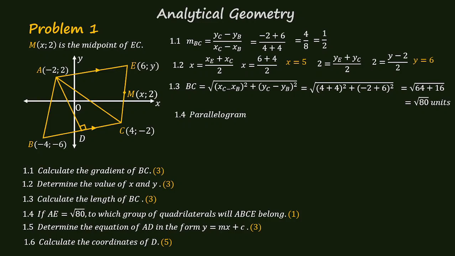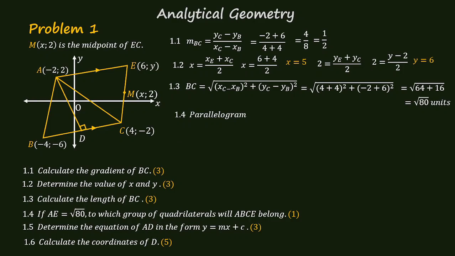The fifth question wants us to determine the equation of the straight line AD in the form y equals to mx plus c. If you look at the straight line AD, we only have one point with coordinates. D is a point, but it doesn't have coordinates. But we have been given some information here. By looking at it, we know that AD is perpendicular to BC because of this 90 degrees here. And we know something about perpendicular lines, that the product of their gradients equals -1.